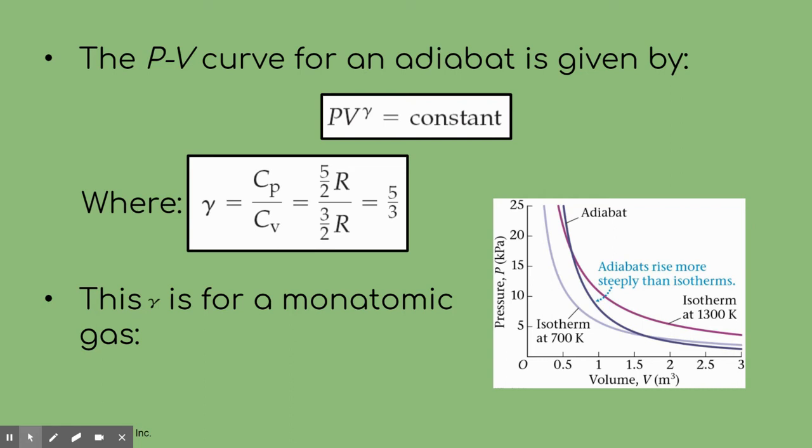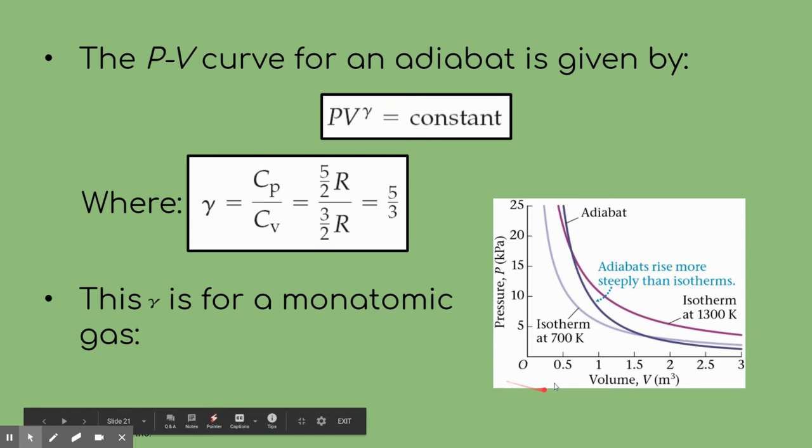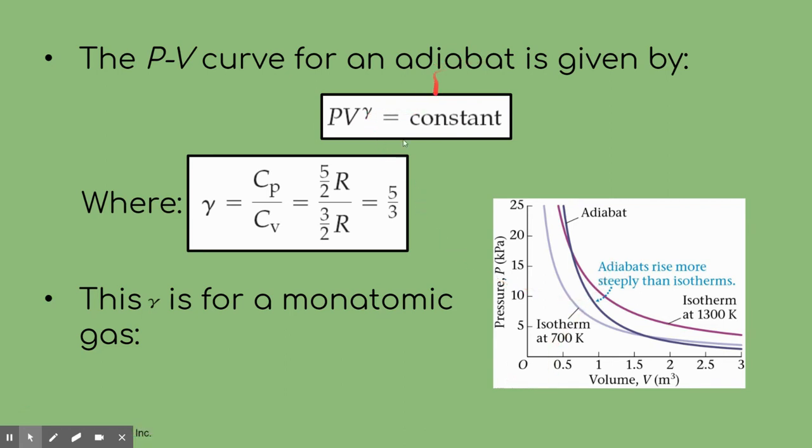I mentioned earlier that the PV curve, that pressure volume curve for an adiabatic process, is very similar to that of the isothermal process. And we can actually see that here. So we will signify an adiabat or an adiabatic process with this symbol. So if you see this, we know we're working with an adiabatic process.